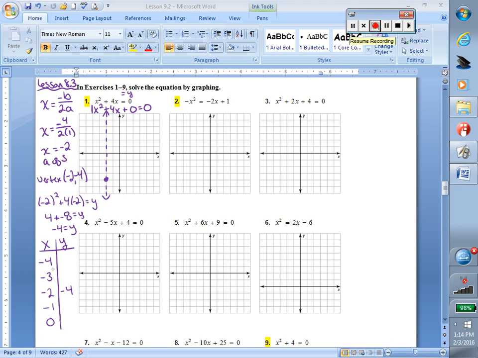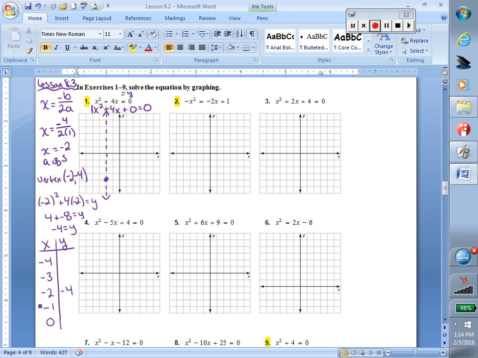Make sure when you're substituting your values in for x, you're using parentheses so you're getting the correct squared value. Also keep in mind our little shortcut: our graph is symmetric, so our table should be also, so you only need to do really half of your table.